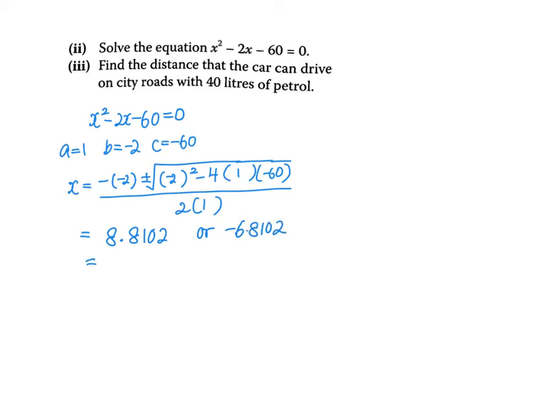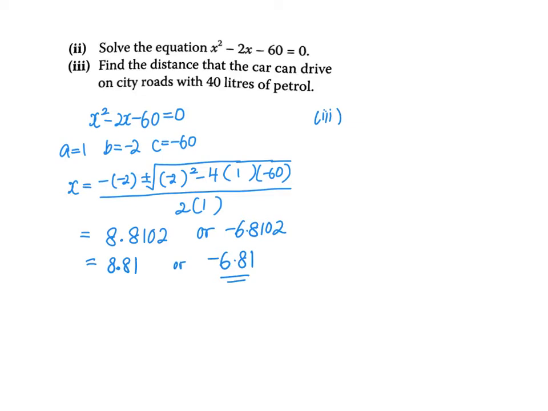Then we round it off because they didn't give us the answer accuracy, so we round off to 3 significant figures. The question asks us to solve the equation, so I'm not going to reject anything. But in part 3, I will need to use the answer given to find the distance that the car can drive on city roads with 40 liters of petrol.